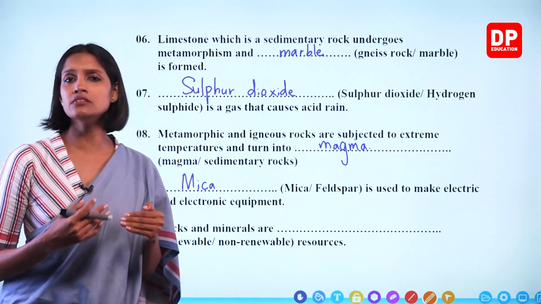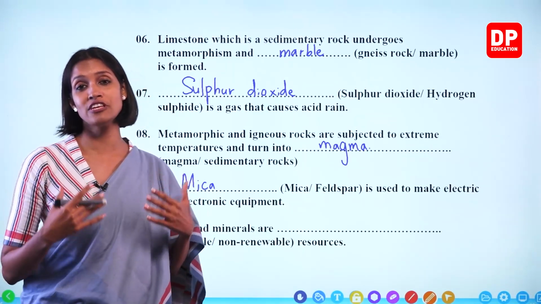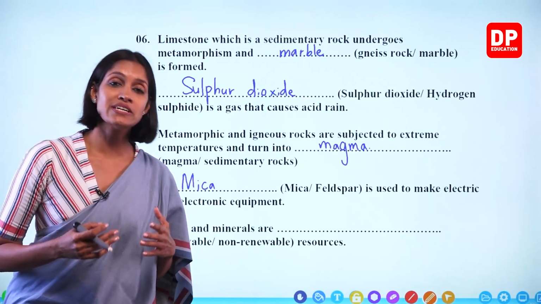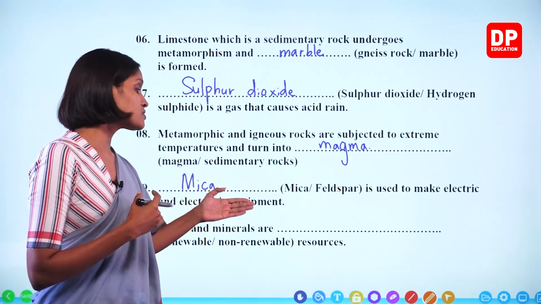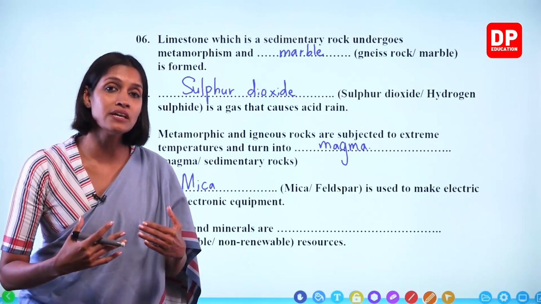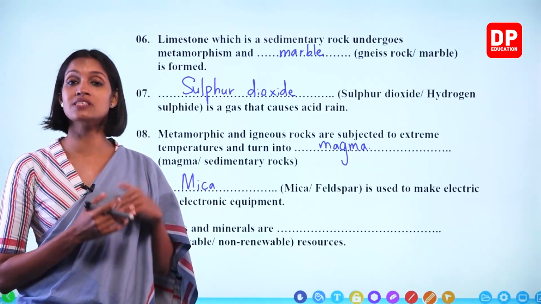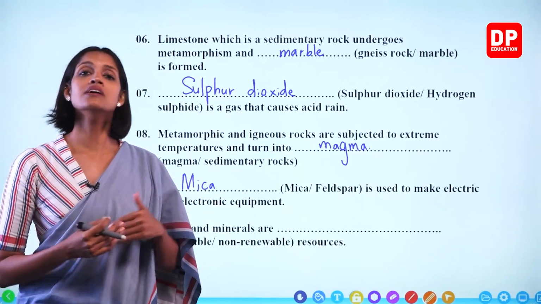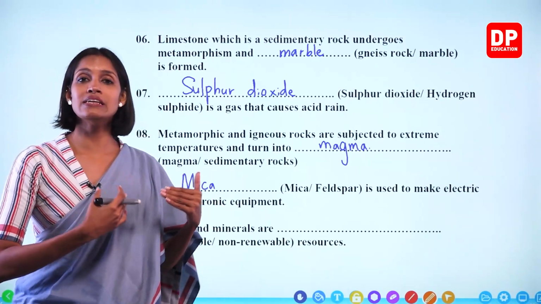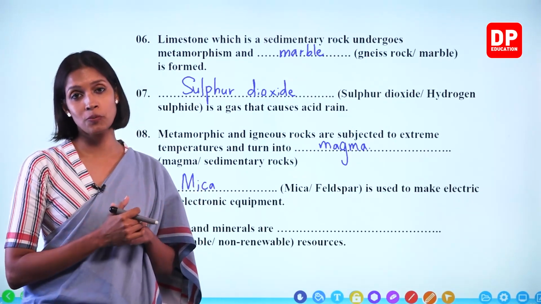So to complete the rock cycle, how long will it take, children? About millions of years. When you consider different types of natural resources, based on the time period they take to form, there are two types of resources, renewable and non-renewable. Renewable resources are readily available, which means it won't take a long time to form.